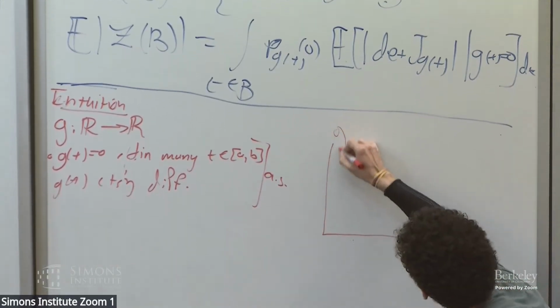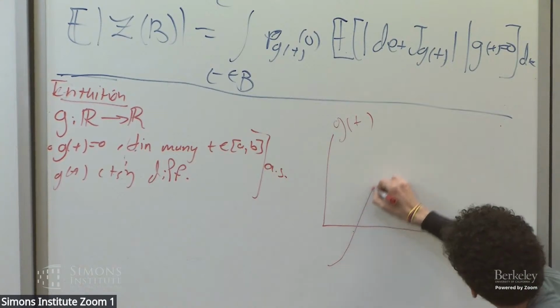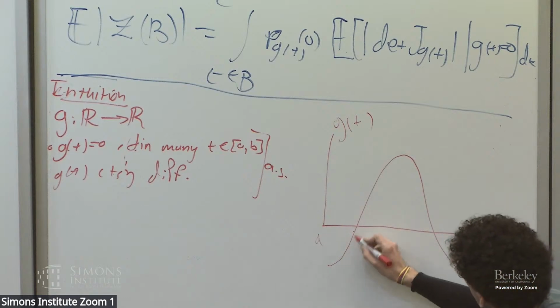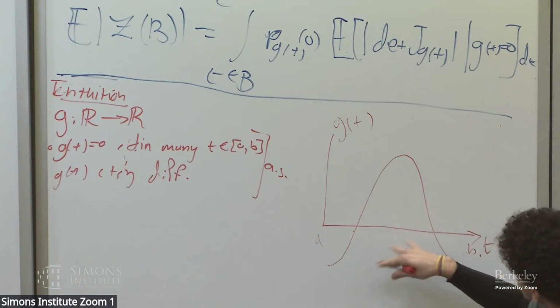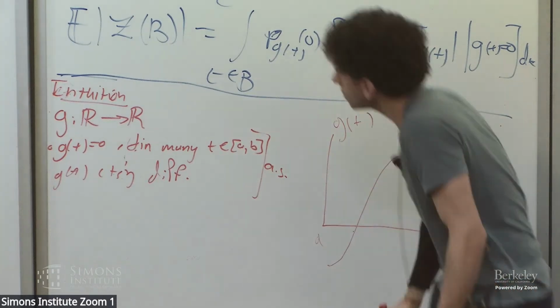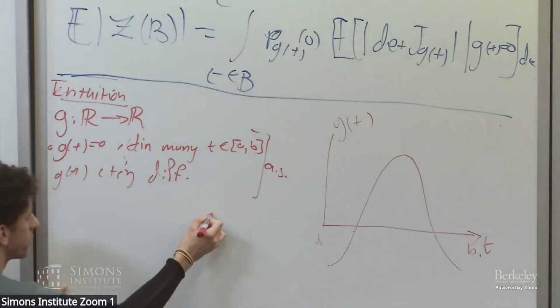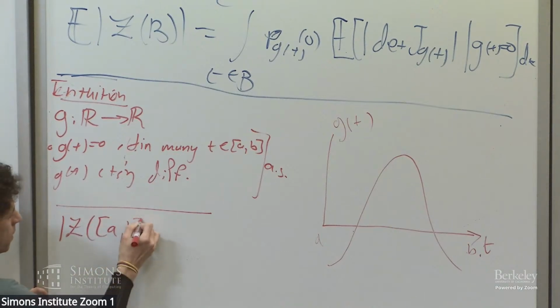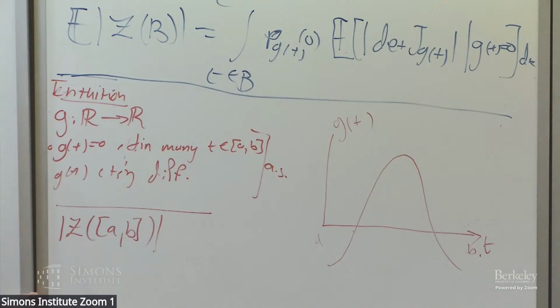If I draw my process, it crosses 0 a few times in the interval A to B, and it's smooth enough. To compute the number of zeros, let's use the quantity I defined there.